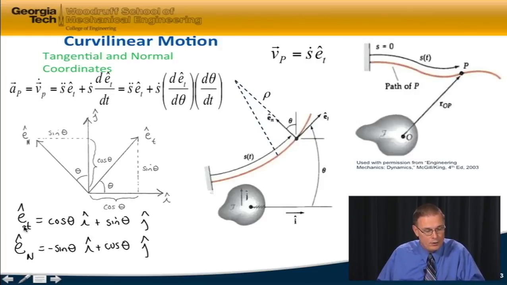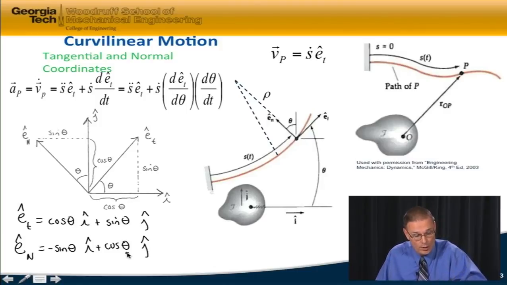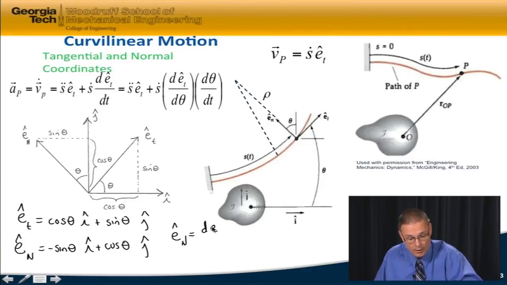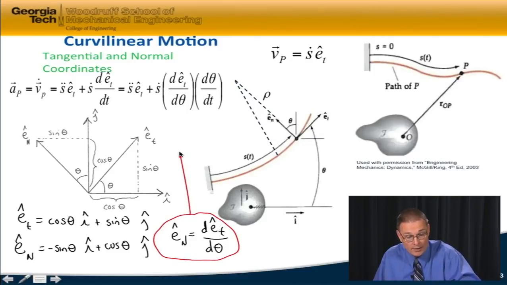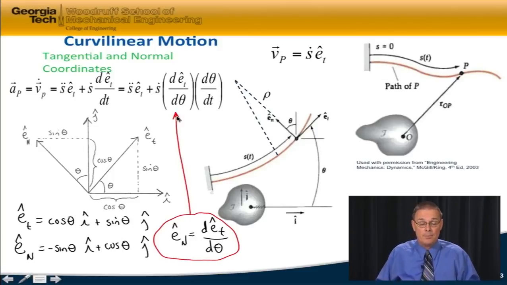If I take the derivative of E tangential with respect to theta, I get derivative of cosine theta with respect to theta is minus sine theta. The derivative of sine theta with respect to theta is cosine theta. So I know that E normal is equal to the derivative of E tangential with respect to theta. And so that's important because that's the result I need up here.